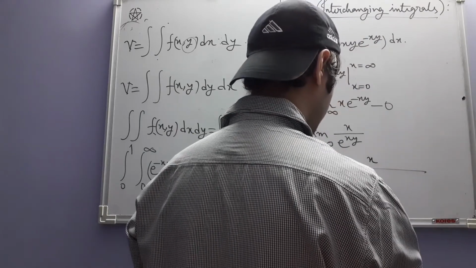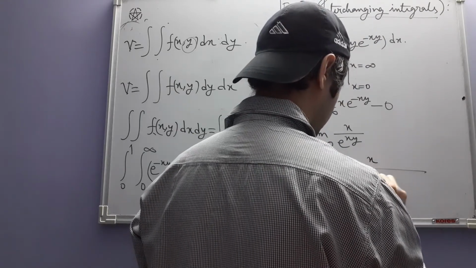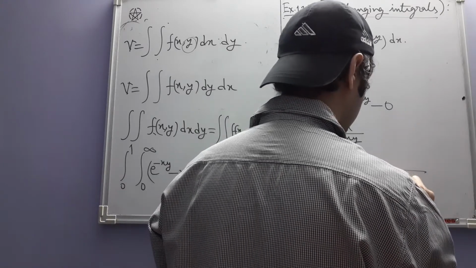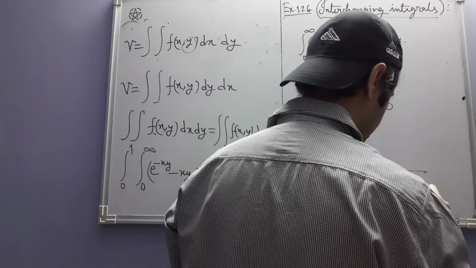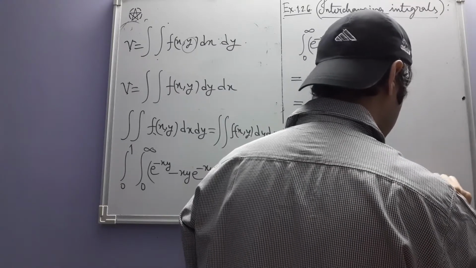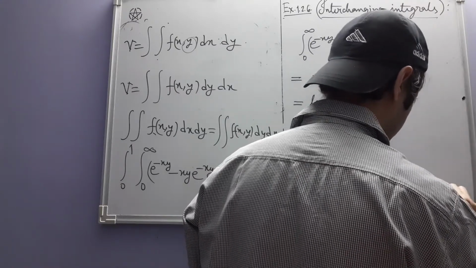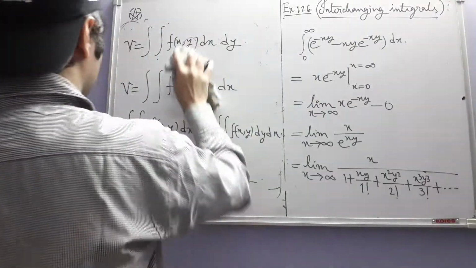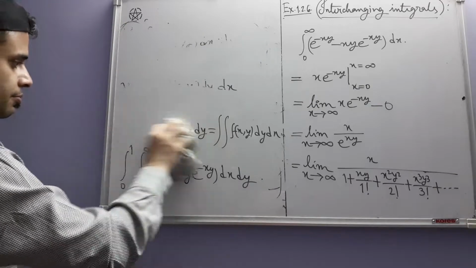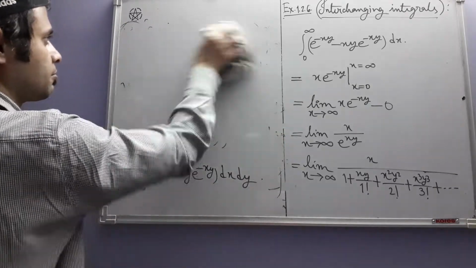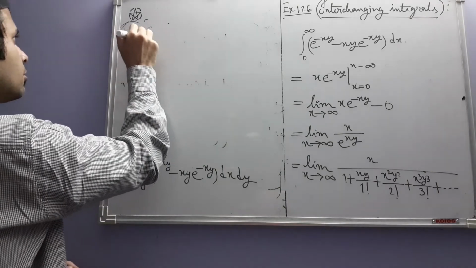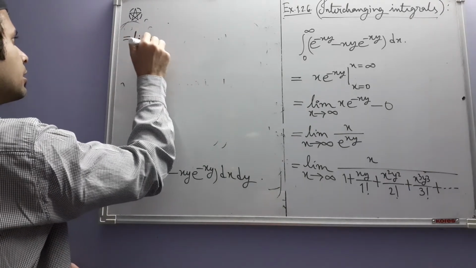X divided by 1 plus xy by 1 factorial plus x square y square by 2 factorial plus x cube by 3 factorial, etc. So this calculation ultimately becomes limit x tends to infinity.